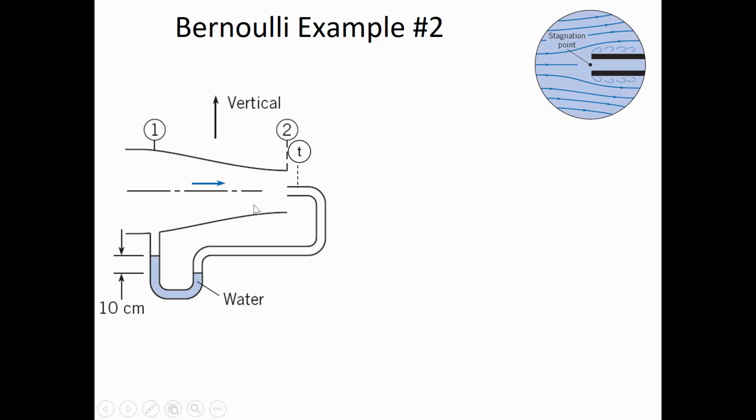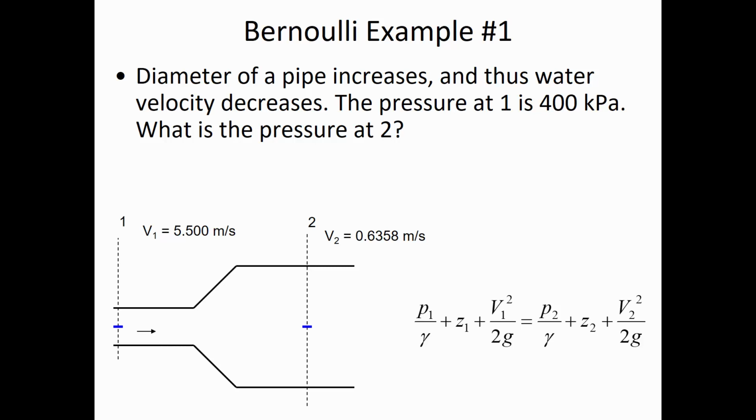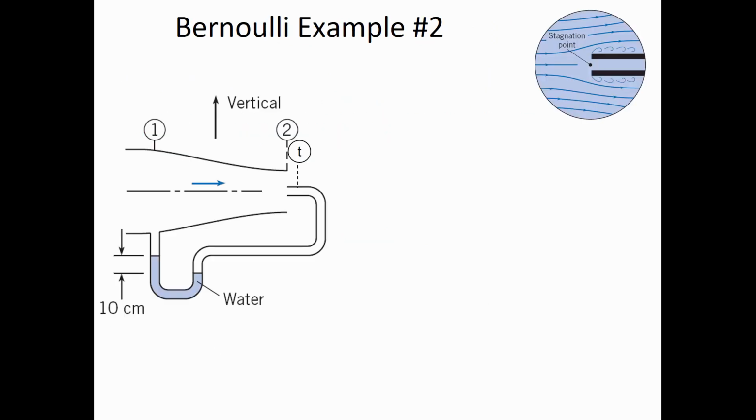So if velocity goes up, what happens to the pressure? It has to decrease. And that's the reverse of what we saw on this one. On this one, the velocity decreased, so the pressure increased. In this one, the velocity increases, so the pressure decreases.